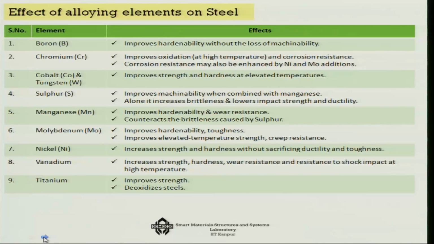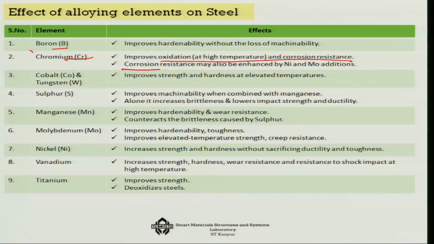Not all, but most of the significant ones, like boron, it improves the hardenability without the loss of machinability. Chromium improves the oxidation and corrosion resistance. So, basically that is why stainless steel is much more corrosion resisting.